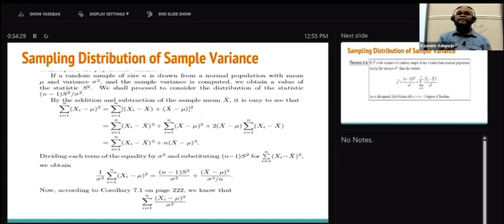Now we shall proceed to consider the distribution of the statistic. You know what we're trying to do here? The ratio of the sample variance to the population variance, multiplied by the degree of freedom. Now, if you take a look at the summation of (xi minus mu) squared, what do you think I just introduced?